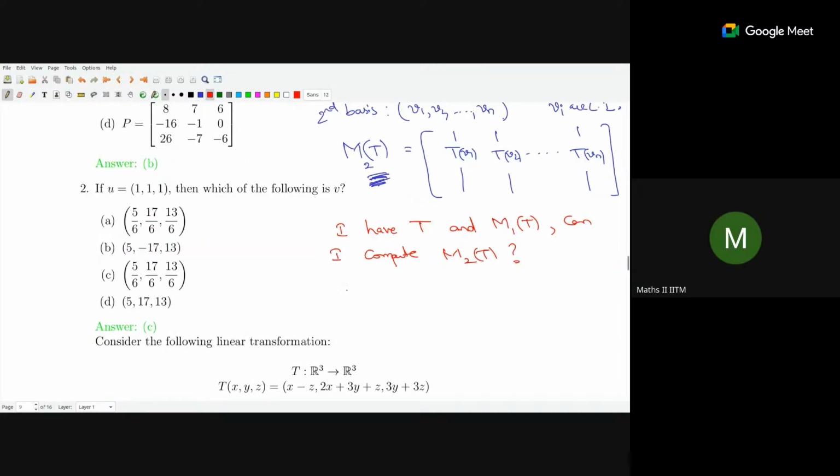Or the other way around: I have the linear operator T and M2 of T, meaning you have the basis and the matrix. Can I compute M1 of T, which is the canonical basis matrix? Can I simply convert one from another? This is the question, and the answer to this is what change of basis is.